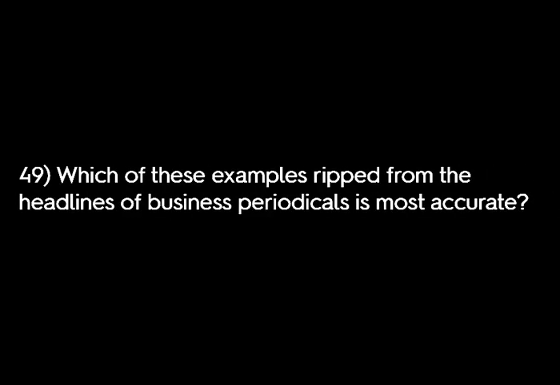Which of these examples ripped from the headlines of business periodicals is most accurate? Netflix has two content delivery systems that are inexpensive to operate. Concerns related to the environment and sustainability are sometimes dictated by regulations and sometimes by perception.